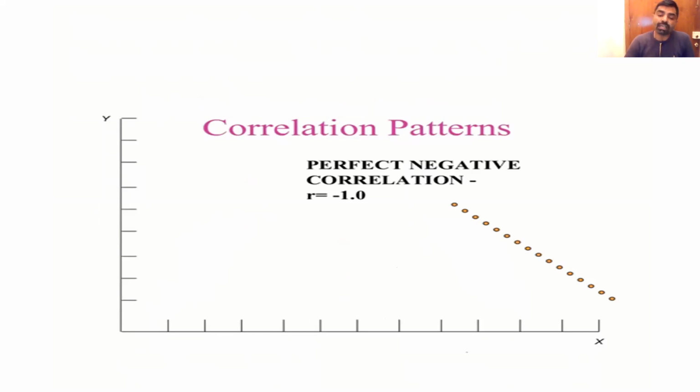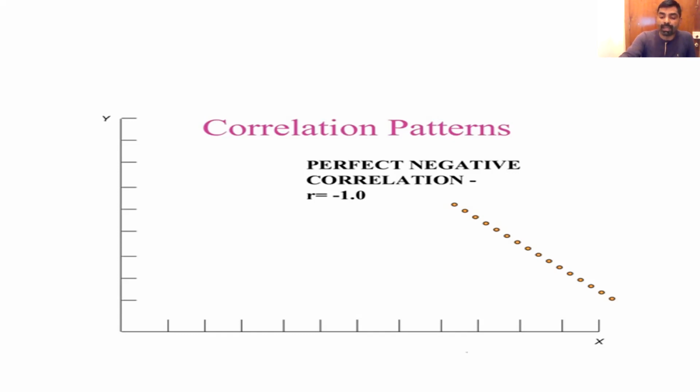The other one is higher the price, higher the quality, or higher the height, higher the weight. So it is positively correlated. This is perfectly negative correlation. The slope, the line, is going from the y-axis towards the x-axis, so it is not upward.